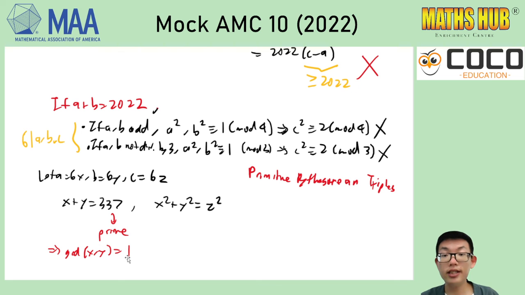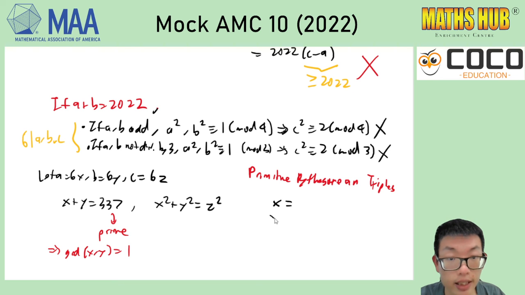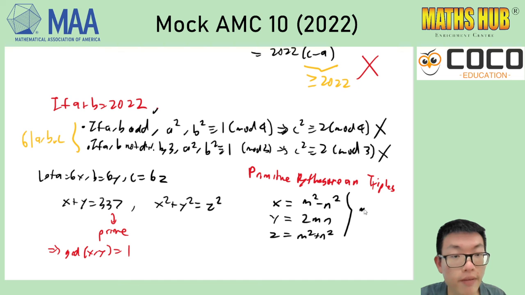If they did, then it should also be a factor of 337. So since that does not happen, the only way that this can work is that they are co-prime, and these primitive Pythagorean triples come in, where we would say that x, y, and z take on this form: m squared minus n squared, 2mn, and m squared plus n squared, where m and n are integers which are co-prime.